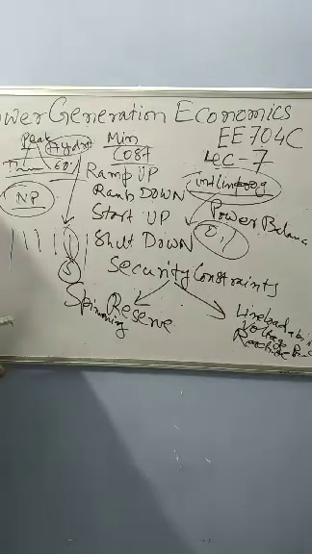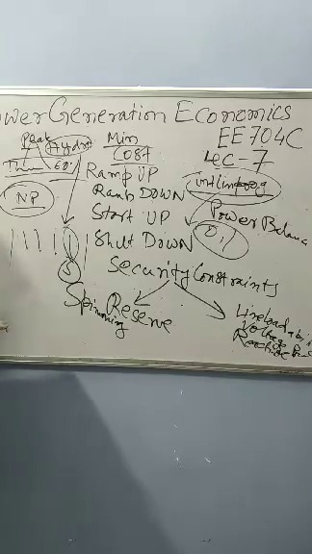So I write down: a must run organization for some units of the plant during certain events of the year, maybe during the peak load time, which yields voltage support on the transmission network.